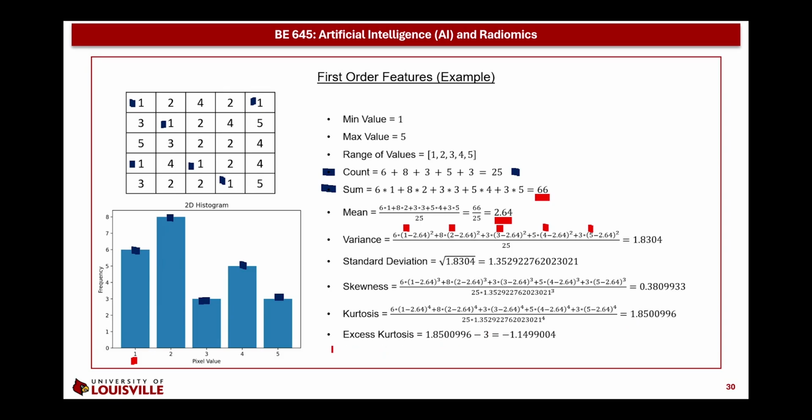There is something called excess kurtosis, where you subtract 3 from the kurtosis value. The negative 3 component is added to center the kurtosis around the normal distribution, and in that case we call it excess kurtosis, and that value will be negative 1.14.